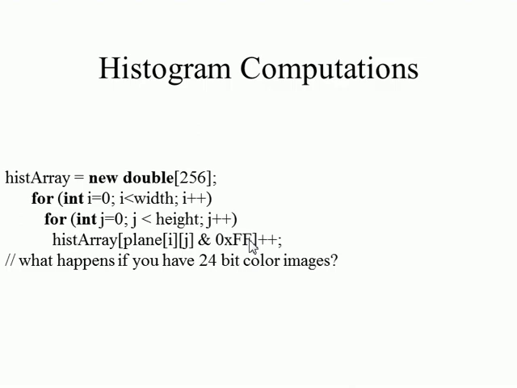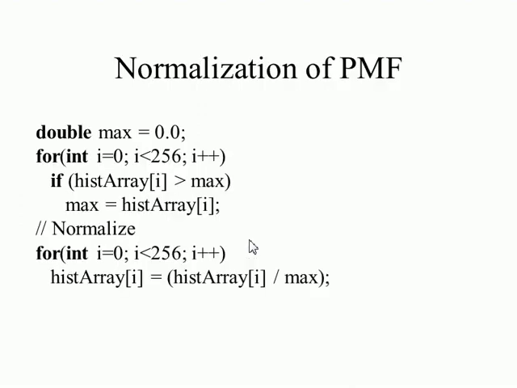Then we'll go through and create a lookup table based on the total number of pixels in the image. So now what we do is normalize the probability mass function array so that it ranges between 0 and 256.